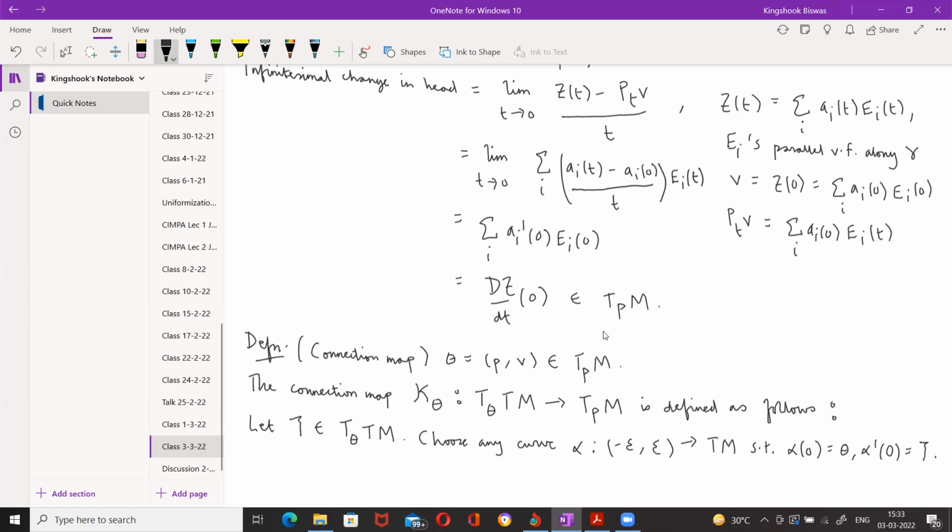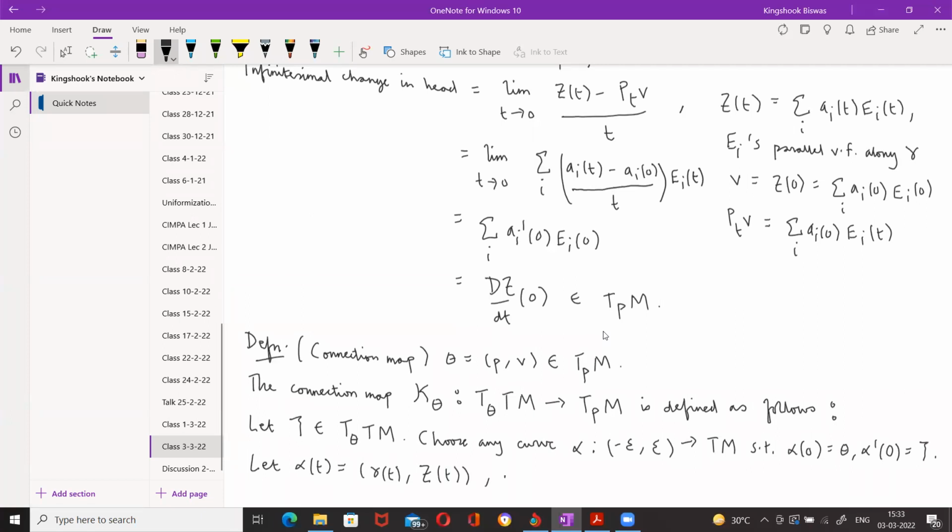Okay. Then you write alpha t as a curve gamma t, comma, a vector field zt. Okay.